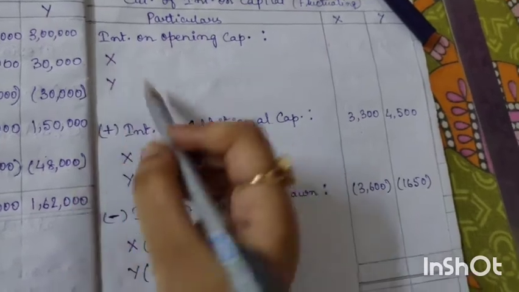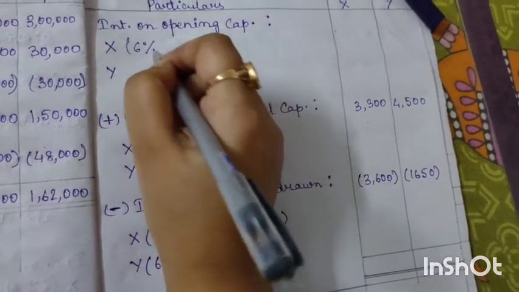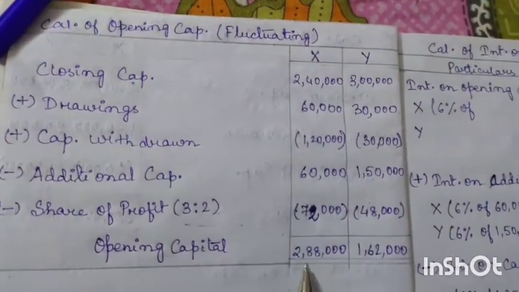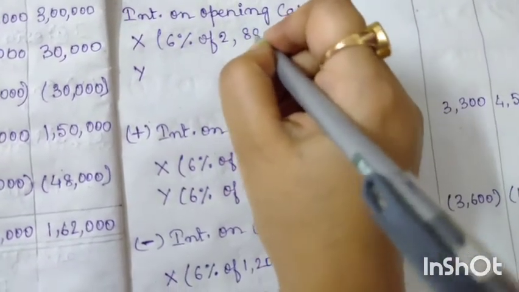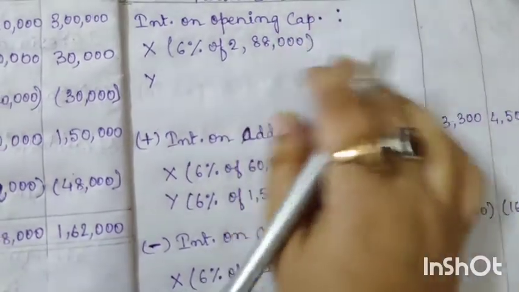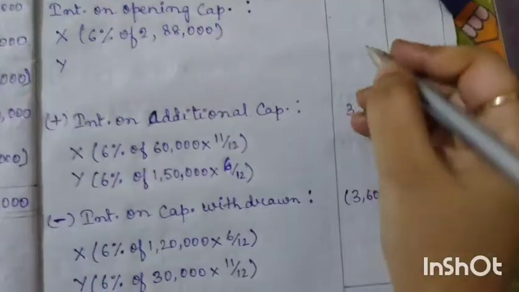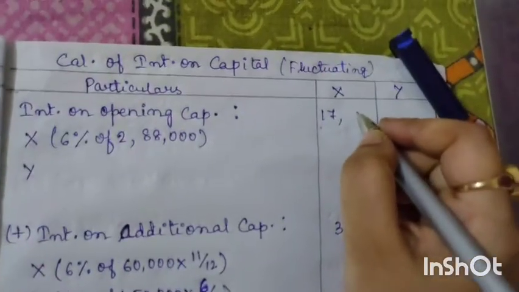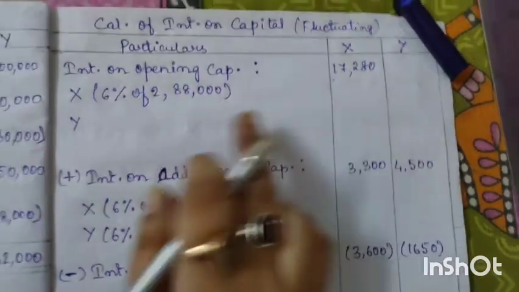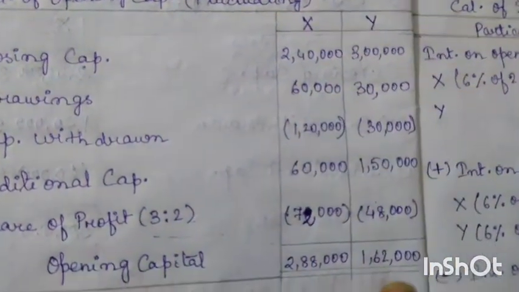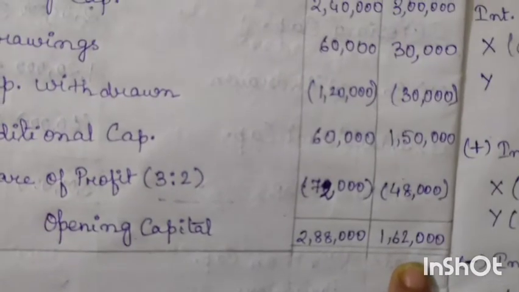So here X will be 6% of, what is the opening capital under fluctuating capital? 2,88,000. So here in case of X it will be 6% of 2,88,000, and if we make the calculation we will get 17,280 in case of X. Now in case of Y, what is the opening capital under fluctuating capital? Y's opening capital is 1,62,000.